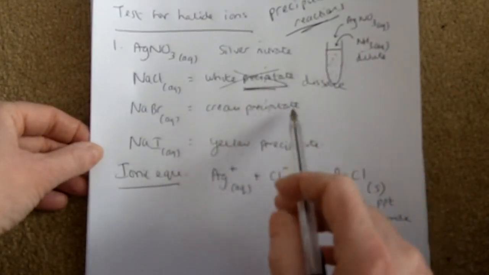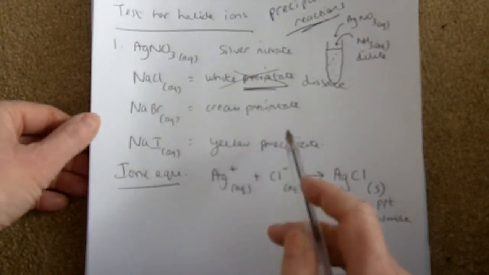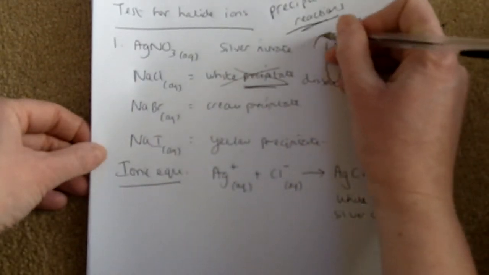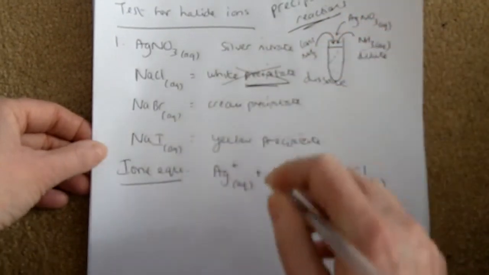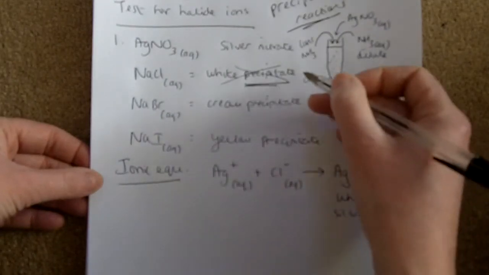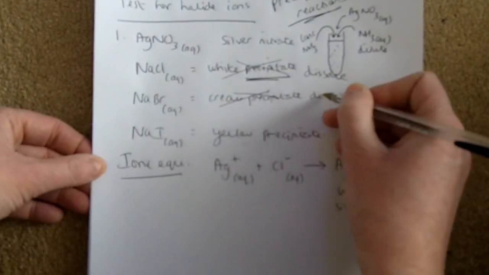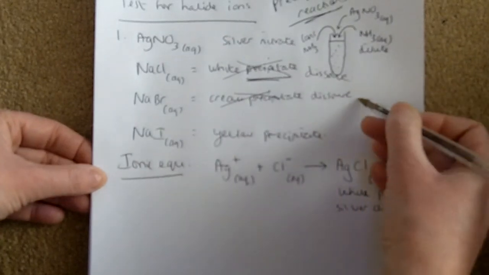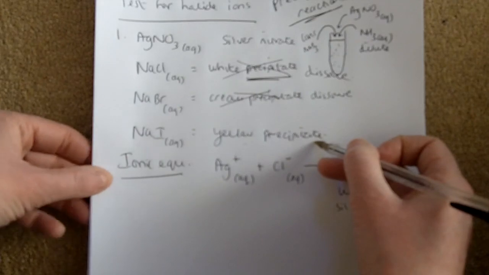Nothing happens to the other two. So let's ramp this up a little bit and add concentrated ammonia instead. When you add concentrated ammonia, the cream precipitate will dissolve, but still nothing happens to the yellow.